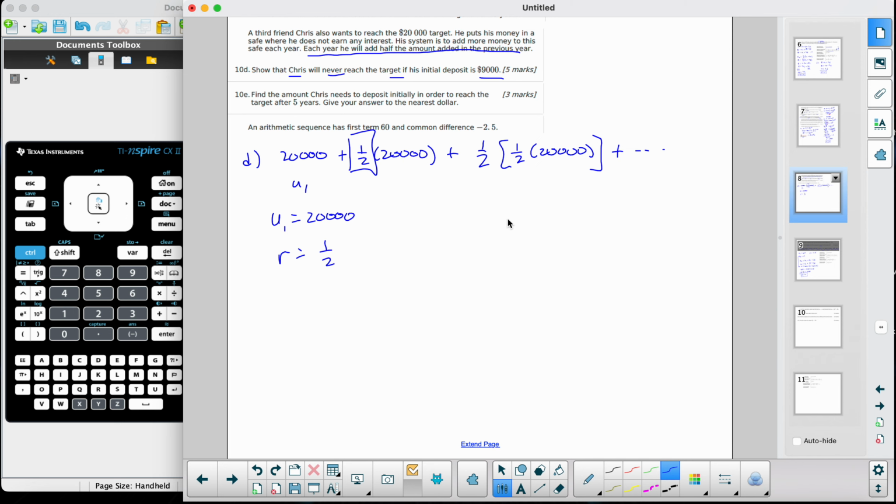Now they're telling us to show he'll never get to 20,000. That means he could add for the rest of his life infinitely and never get to 20,000. So we have to find the sum of this geometric sequence to infinity.